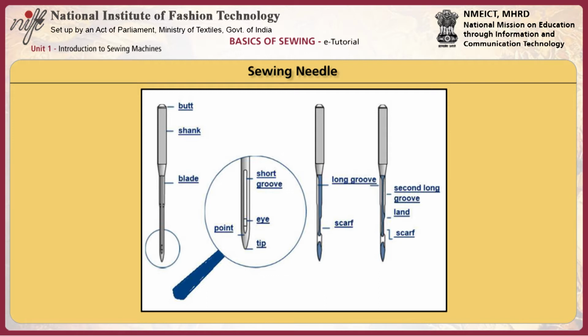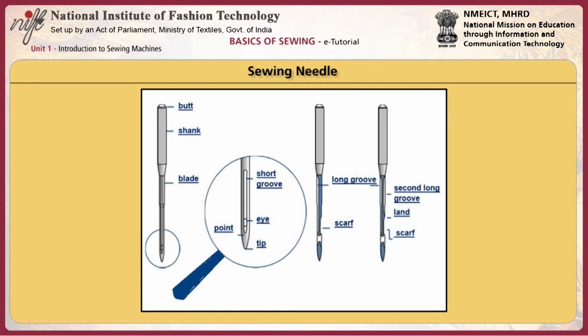Next, shank. The upper end of the needle that is held in the needle bar by the needle screw. The shank is usually round, but it can have one or two flat sides. Designed to support and stabilize the needle blade, the diameter of the shank is usually larger than the diameter of the blade.